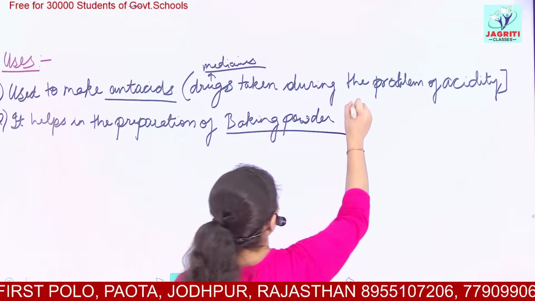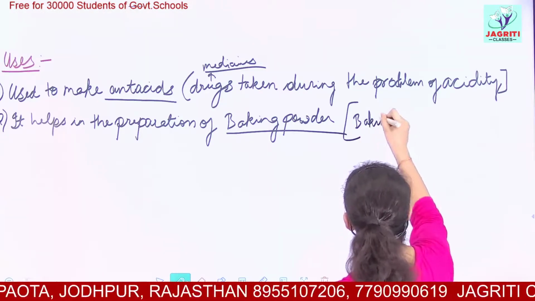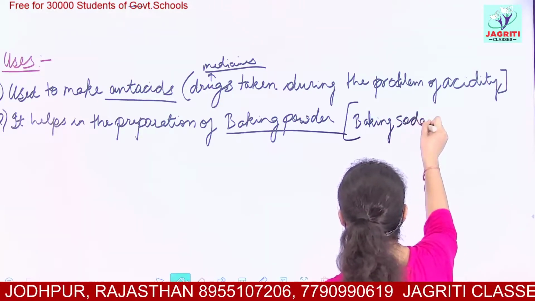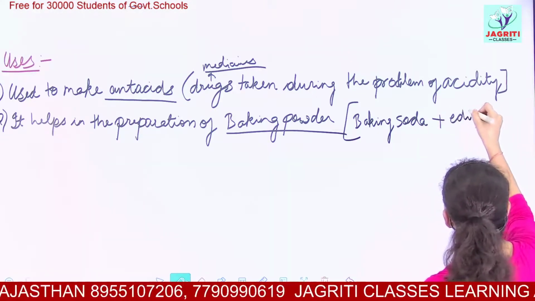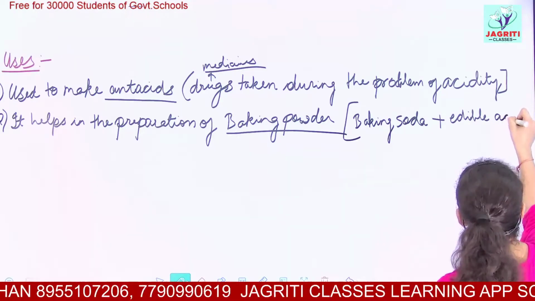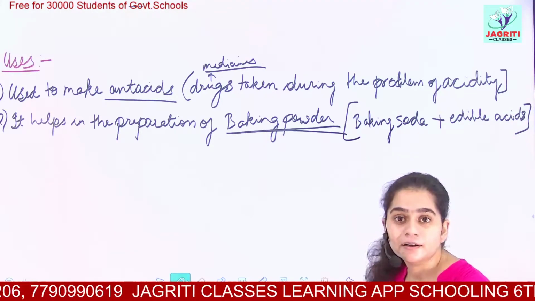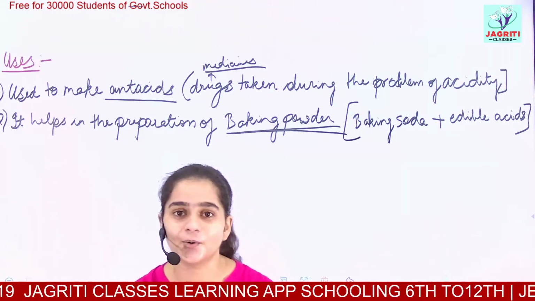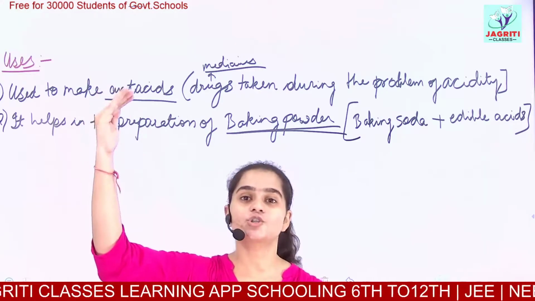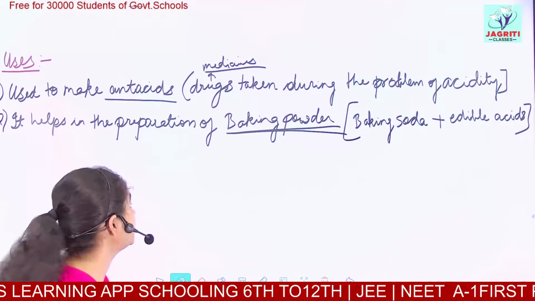You take your baking soda. When the baking soda is mixed with edible acids, then the product formed as a result of this reaction is baking powder. The strength of baking powder is somewhat less than baking soda. Baking soda is stronger than baking powder. So this is the use of baking powder.